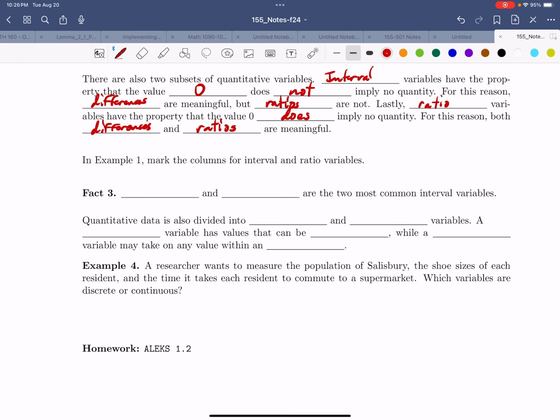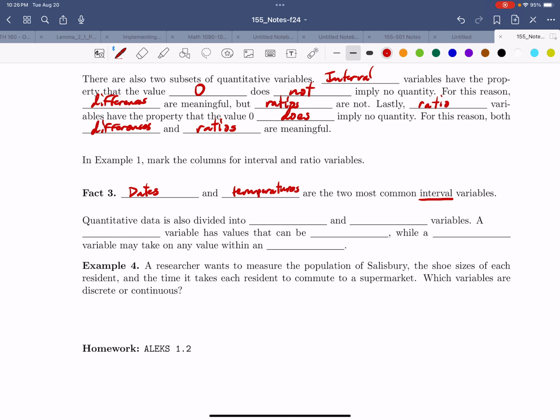Okay, so just a quick little fact. Dates and temperatures, assuming we're not using Kelvin, are the two most common interval variables. I've never seen interval level data other than dates or temperatures.